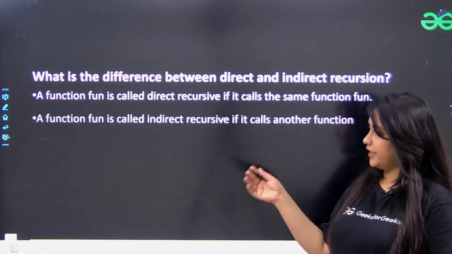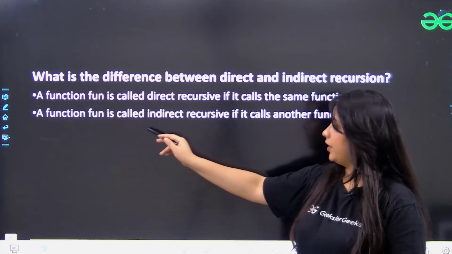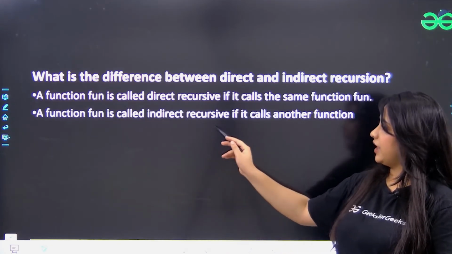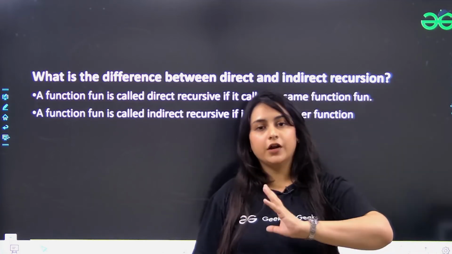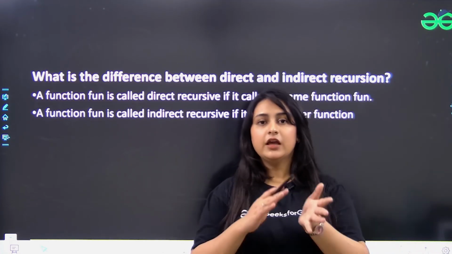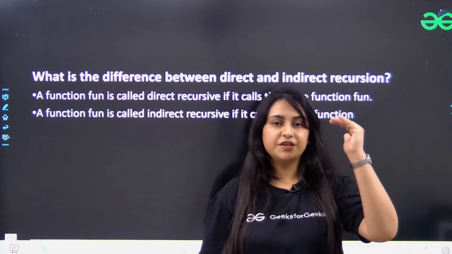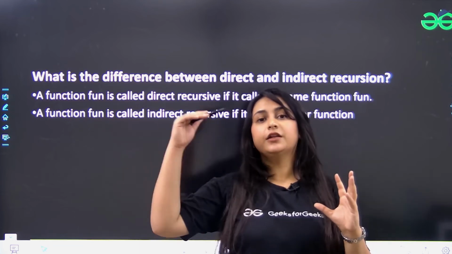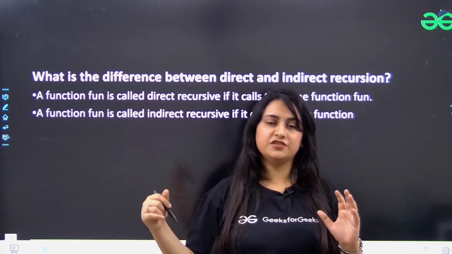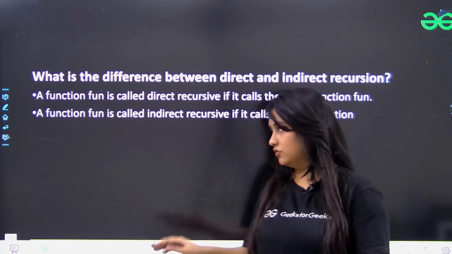Let's see what is indirect. A function fun is called indirect recursive if it calls another function. If fun1 is calling fun2 and fun2 is again calling fun1, basically one function is calling another function in its body and that other function is calling the first function in its body, then it is an indirect recursion, okay?